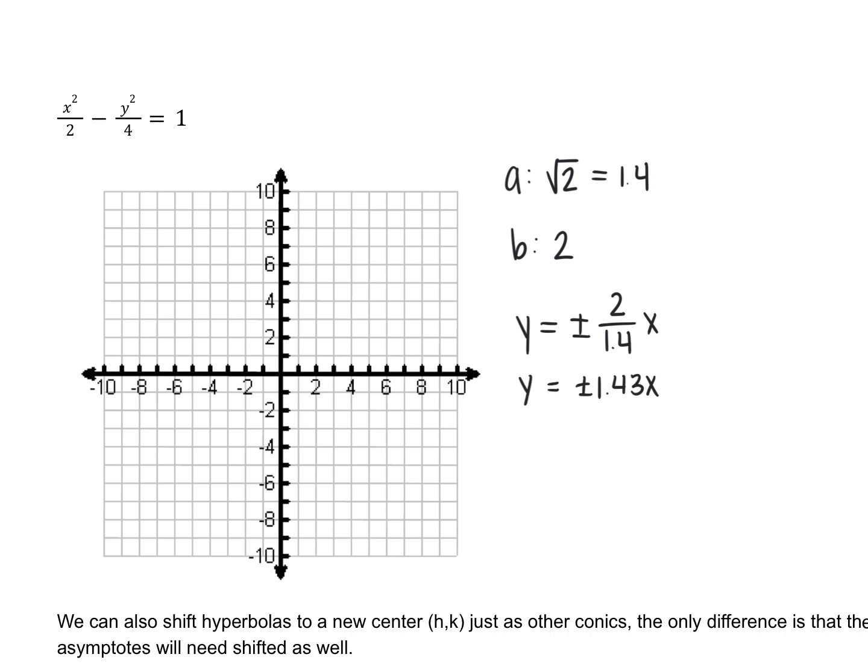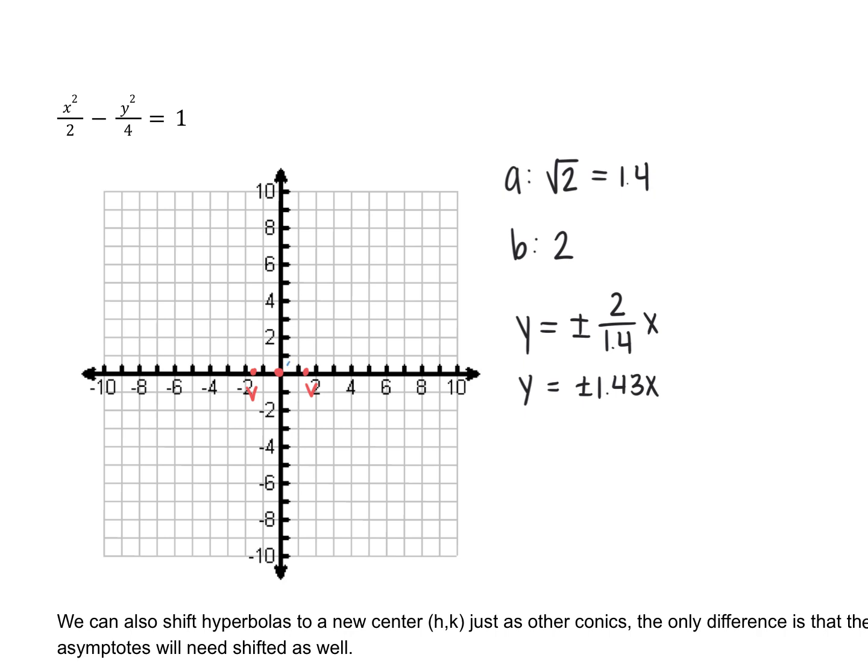So this is not going to be a very nice equation for my asymptotes, which means it's not a very nice looking hyperbola. So I start with my center at 0, 0. This time, because x is first, my vertices are on my x-axis. So I actually need to go right about 1.4 and left 1.4. That gives me my vertices. And then I'm going to do a very rough sketch of 1.43 x.